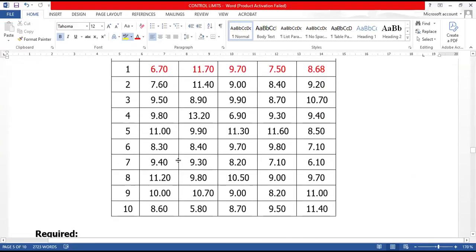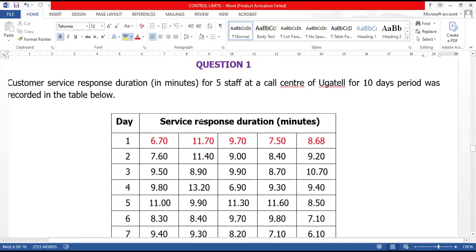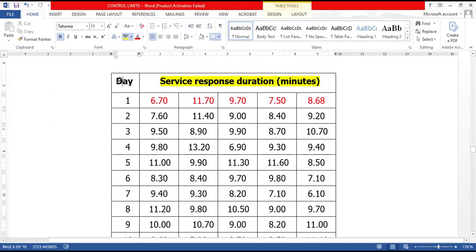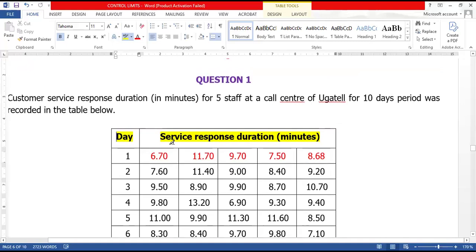Like, for example, this is the question. You are given service response durations for days. So from this, what is your sample? What are you observing? You are observing service response duration for each day. Each day you're observing how staff respond.